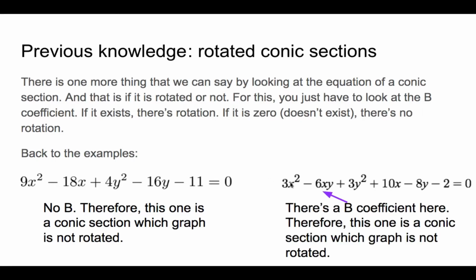For this other one, you see this term over here, xy, which means that this number is the b coefficient. There is a b coefficient. It doesn't really matter what the b coefficient is. The only thing that is important here is that it exists. So there is a b coefficient. Therefore, if you were to graph this equation, you would obtain a conic section that would appear rotated.